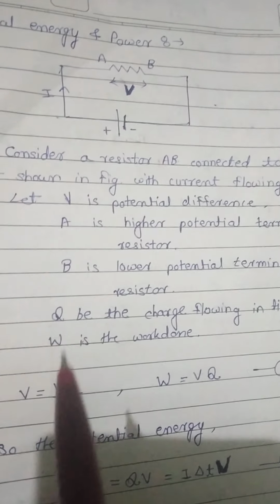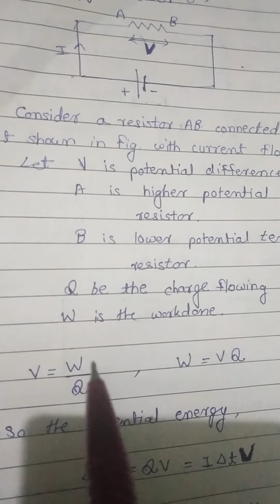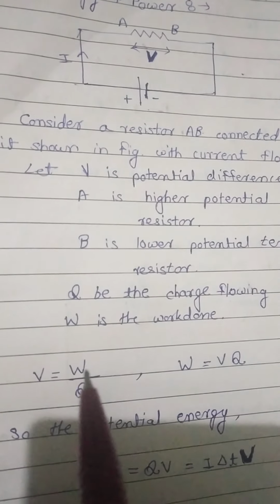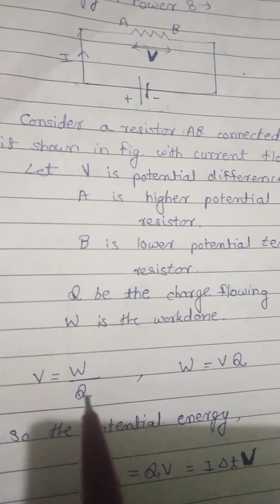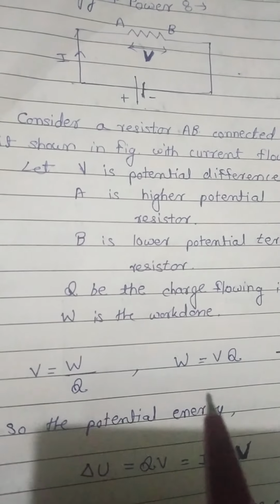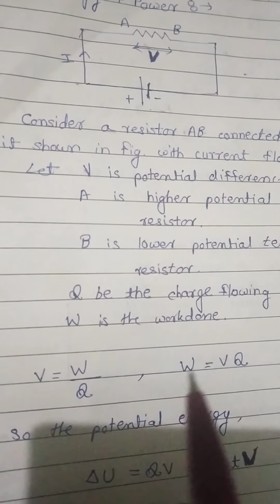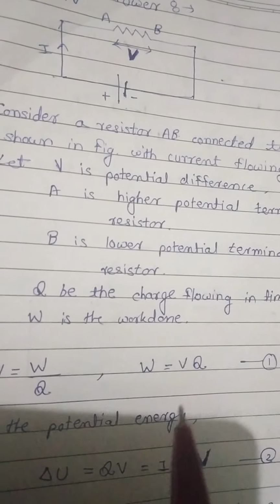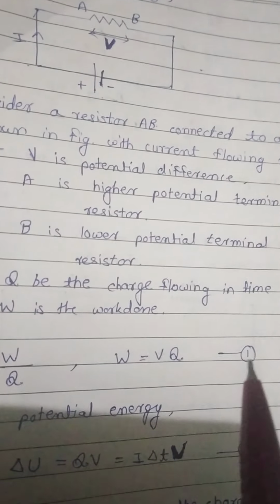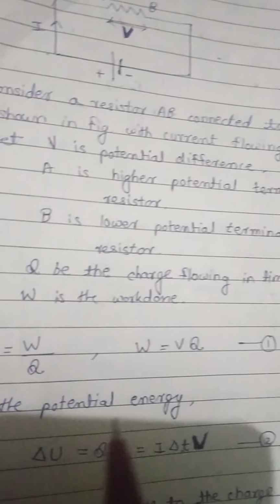So V is equal to W upon Q, work done upon total charge flowing through the circuit. So W is equal to V into Q. This is the first equation.